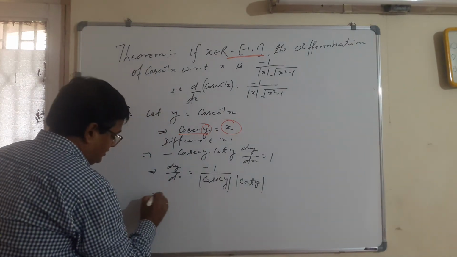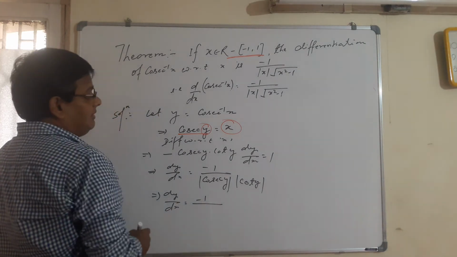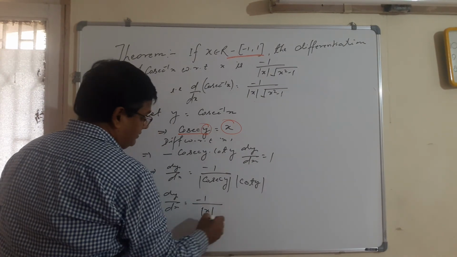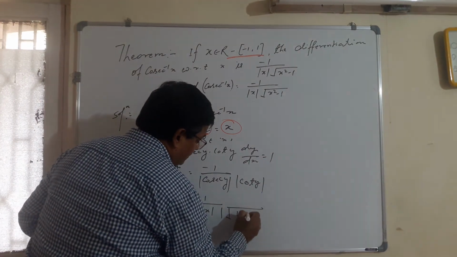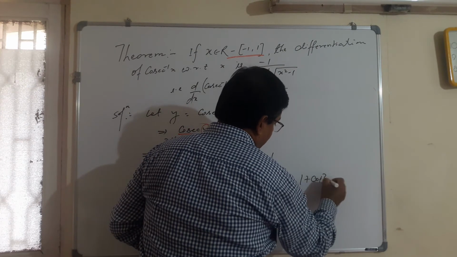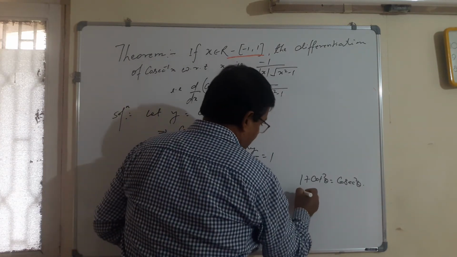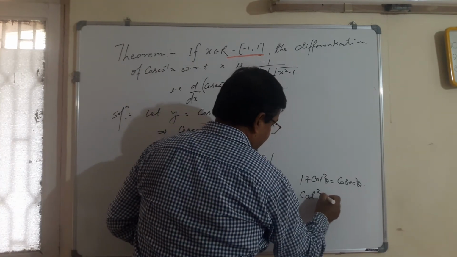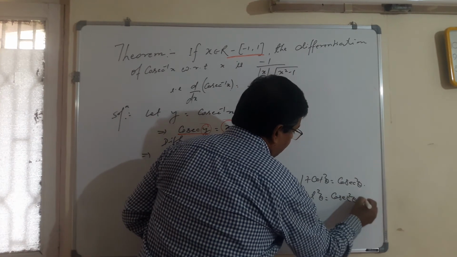So here dy by dx is equal to minus 1 divided by mod of x, since cosec y is x, and here mod of cot y we can write using 1 plus cot squared theta is equal to cosec square theta. So cot square theta is equal to cosec square theta minus 1.